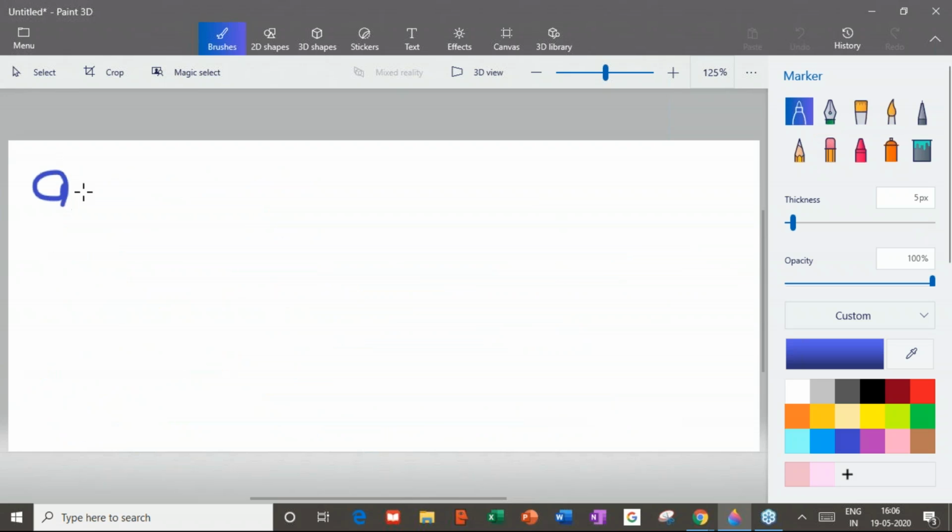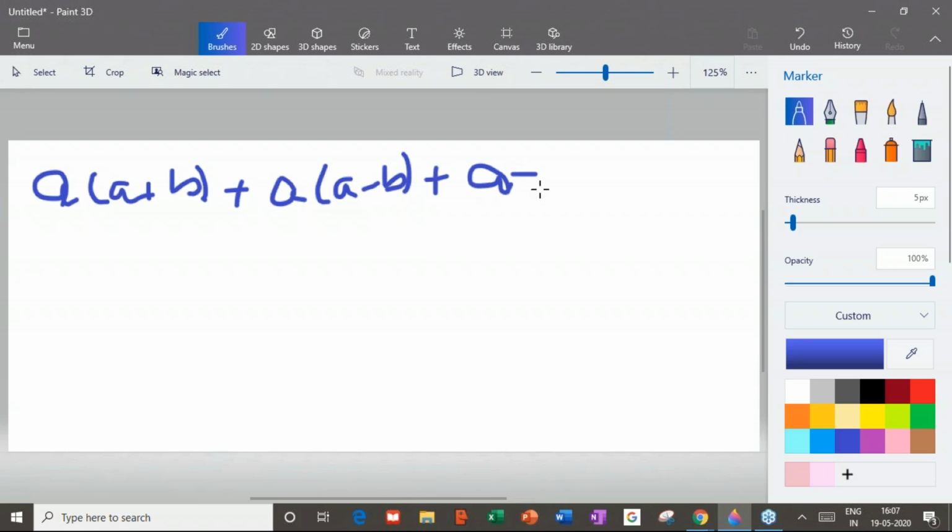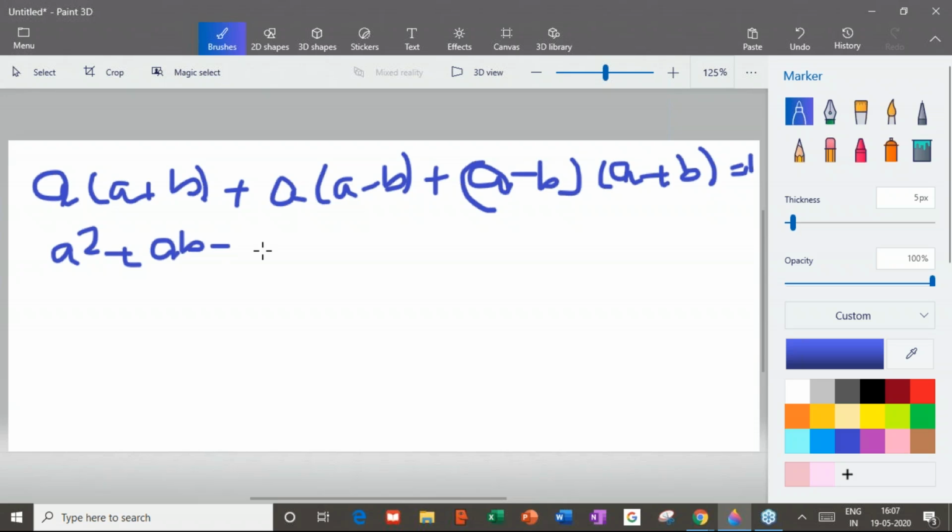So it's nothing but a into a plus b plus a into a minus b plus a minus b into a plus b is equal to 1 by 1, or this is 1. So this becomes a square plus ab plus a square minus ab plus a square minus b square, using the property a plus b into a minus b is a square minus b square.